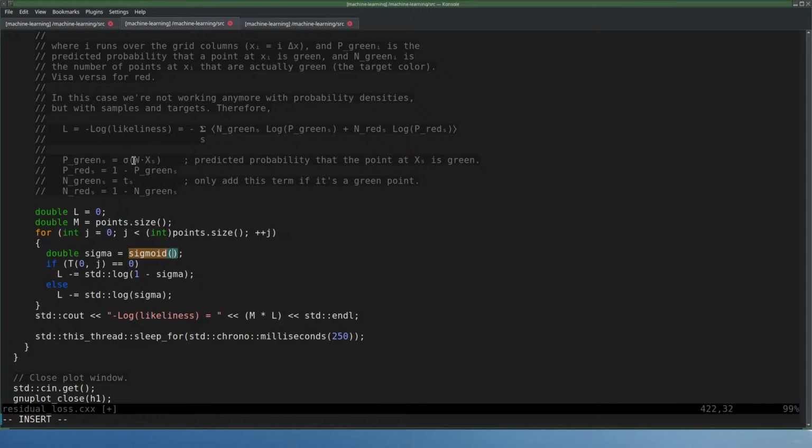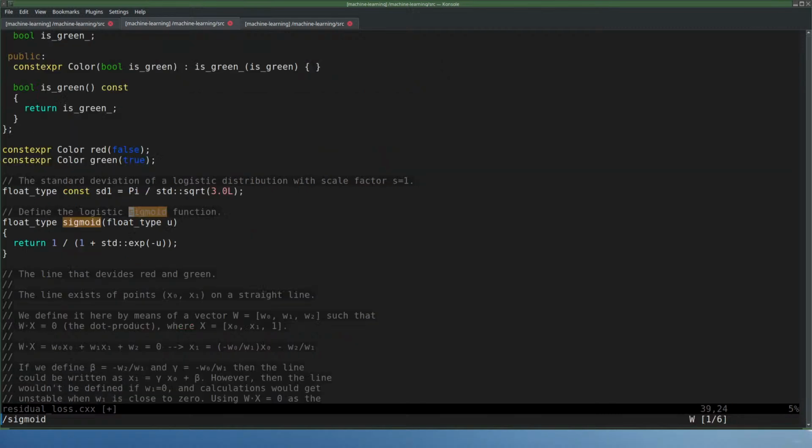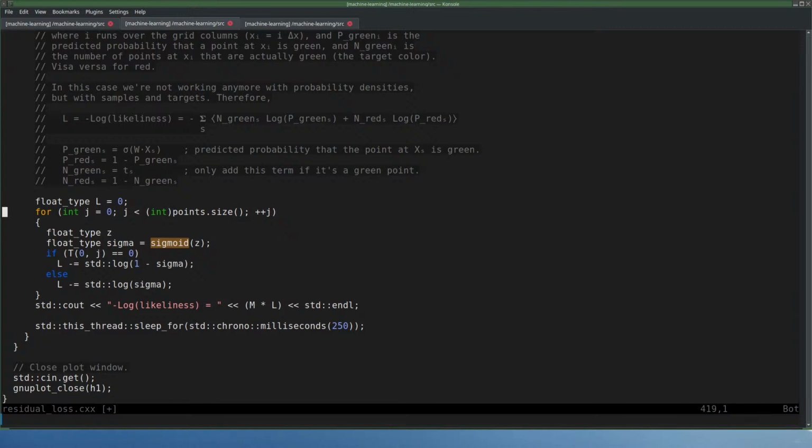The sigmoid of the in product of V and X, W and X. So, and that's called Z. So I have to do a double Z. Actually my sigmoid takes a float type. Let's use that. Returns a float type as well. And then we might as well use float types with that. And I'm not going to use M, get M.